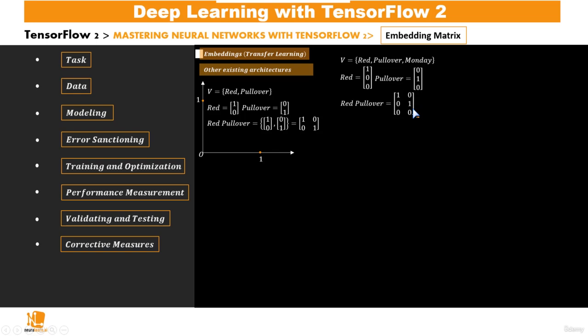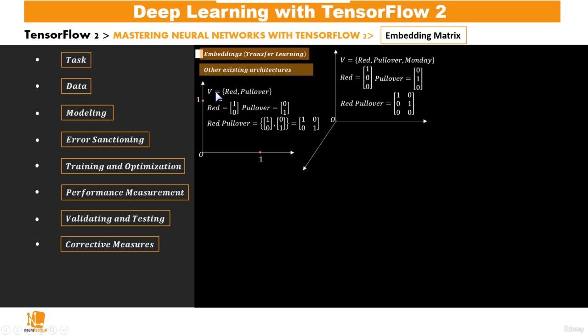Now, if we have a sentence with the two words read pullover, and we want to input this into a model, what gets into our model is 1, 0, 0, that's read, and then pullover 0, 1, 0. In our vector space, we could plot this out.